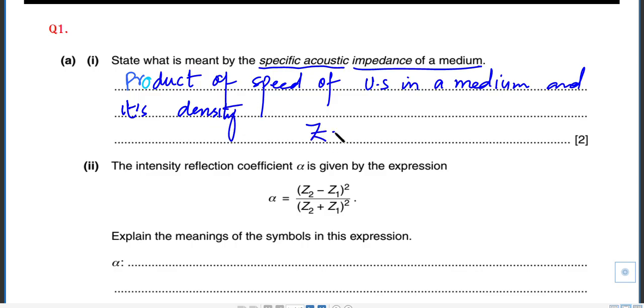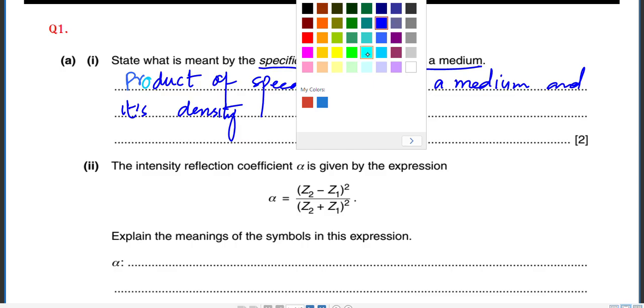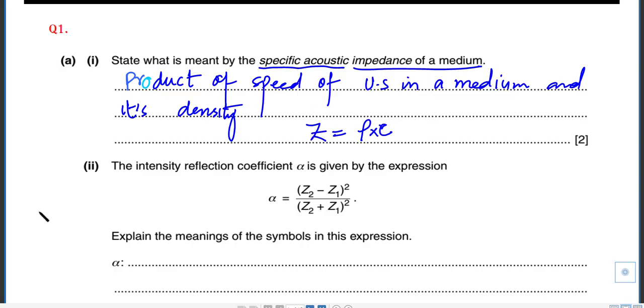That was basically Z, and it is rho times c. Now do you remember? Now is it clear?